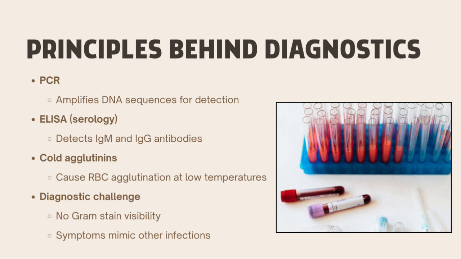The cold agglutinin test works by detecting antibodies that cause red blood cells to clump together at low temperatures. Diagnosis is challenging because the organism cannot be seen on a gram stain, and its symptoms overlap with other respiratory infections, requiring more advanced testing methods.